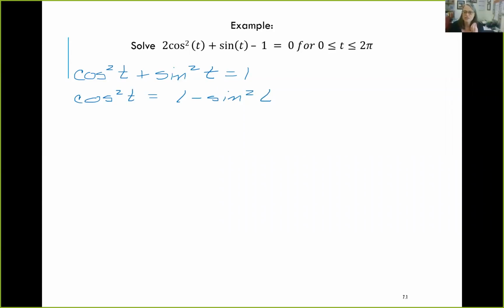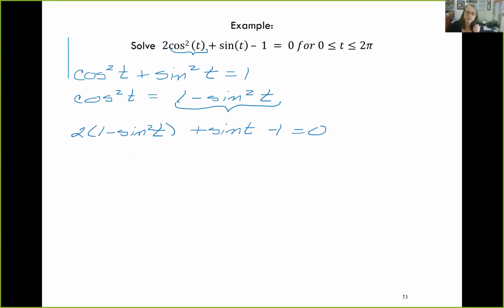Okay, so instead of writing cosine squared, we're going to write 1 minus sine squared. So this is going to be 2 times 1 minus sine squared t plus sine t minus 1 equals 0.